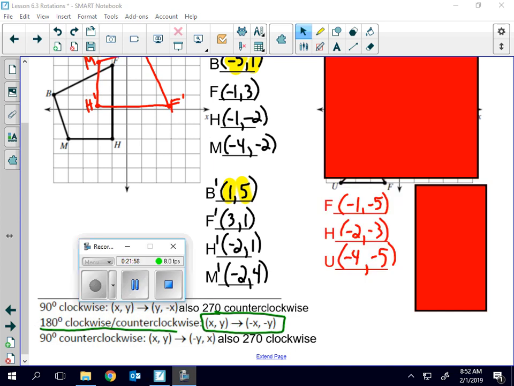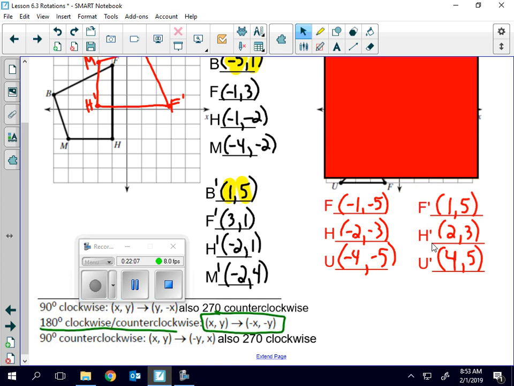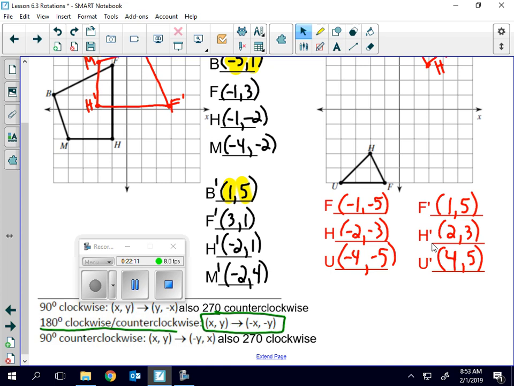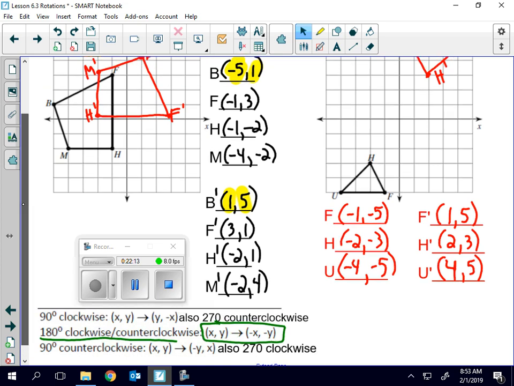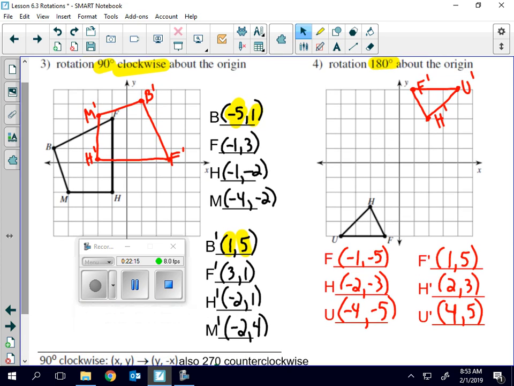So here's your originals. And I just made all the signs opposite. Since they were all negative, now they're all positive. And to me, that does look like a 180-degree turn halfway around the coordinate plane.